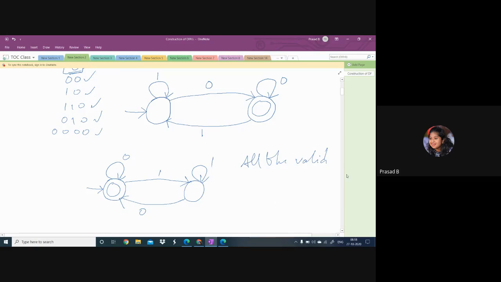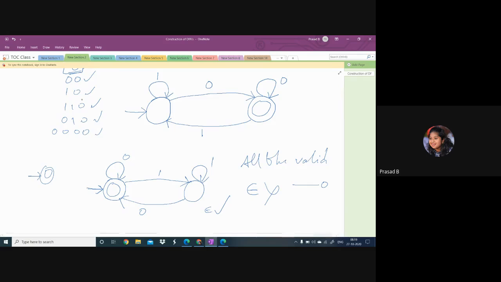At the same time, it should not accept even one invalid string. And if you take epsilon, epsilon is not a valid string, because the strings here should be ending with 0. Epsilon is not ending with 0, so it is invalid. But this machine accepts epsilon as initial is final.